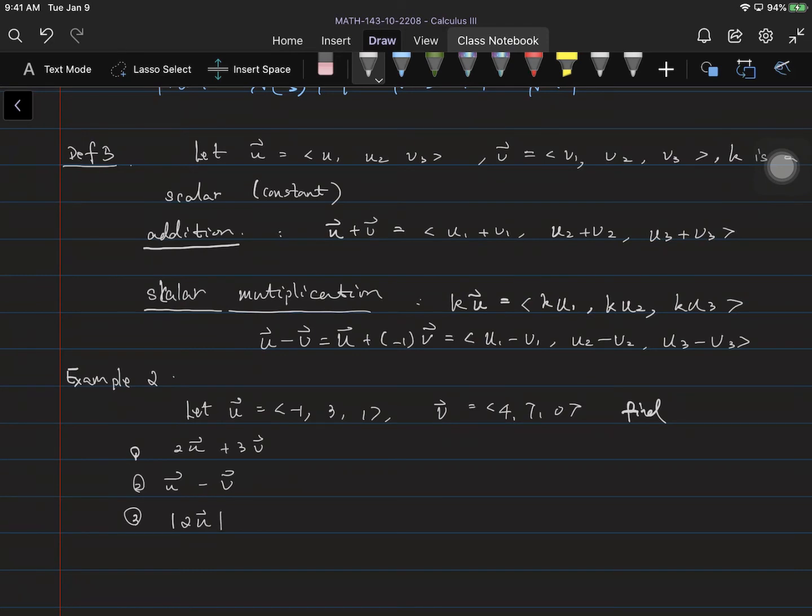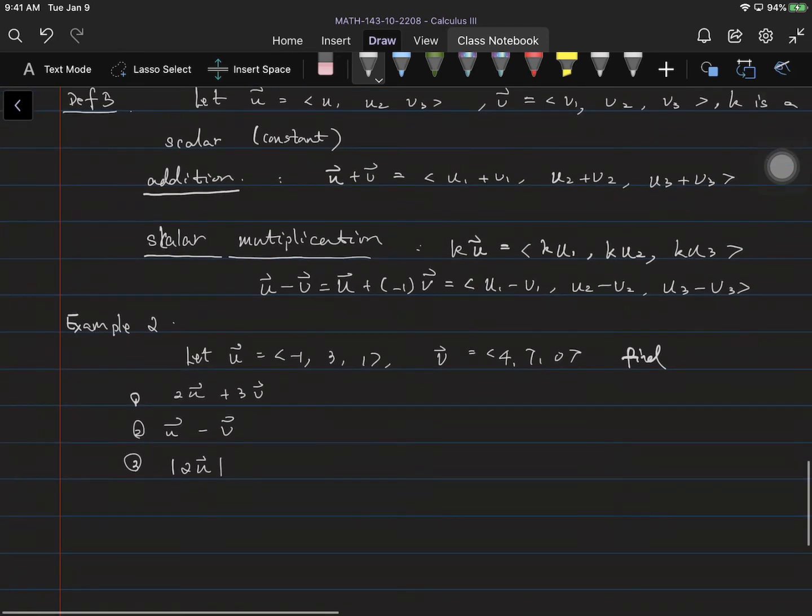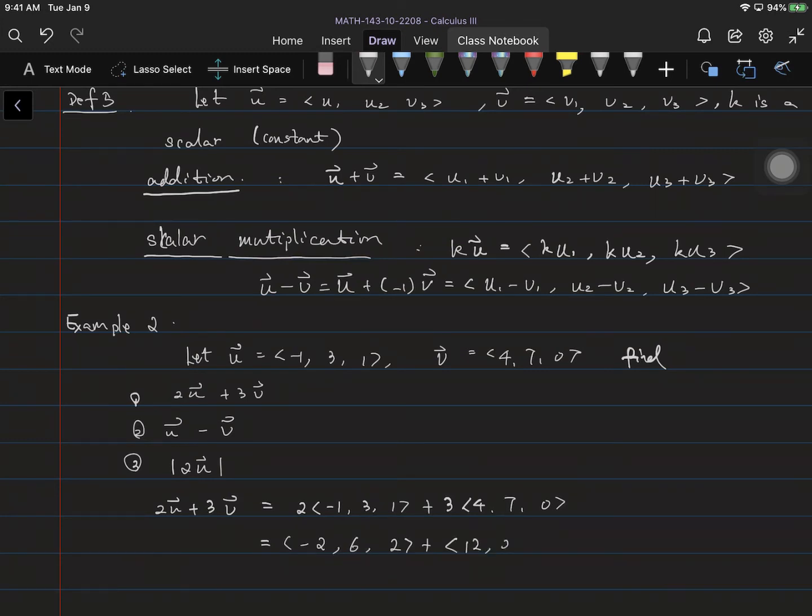Firstly, let's take a look at 2u plus 3v. So 2u plus 3v is kind of like scalar multiplication and then addition, right? So we say 2 times -1, 3, 1, plus 3 times 4, 7, 0. Simplify the scalar multiplication, multiply every component by the scalar: -2, 6, 2 plus 12, 21, 0, and add each corresponding component.